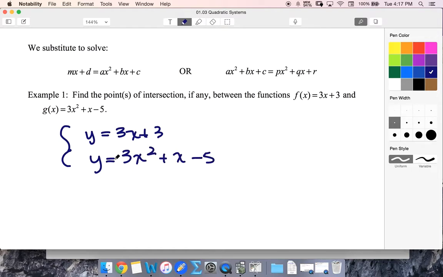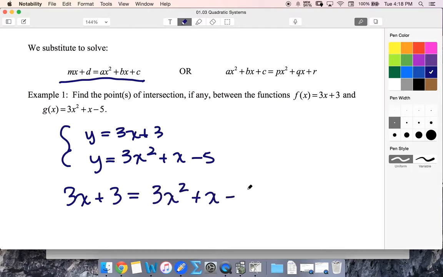Well, I can use substitution. I'm going to replace this y with the 3x plus 3 equivalent. So that's why it looks like this: 3x plus 3 is 3x squared plus x minus 5.